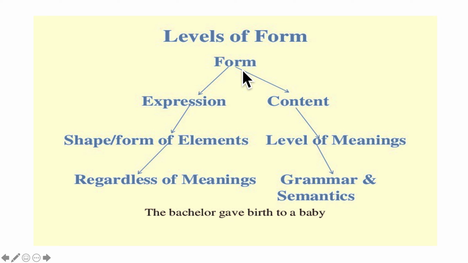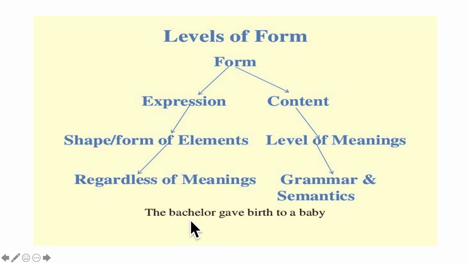Levels of form. Form has two parts: expression and content. Expression is the shape, the form of elements, regardless of meanings. Content is the level of meaning, grammar and semantics. Sometimes your sentence is structurally correct, the shape and the form is correct, but it does not give any meaning.